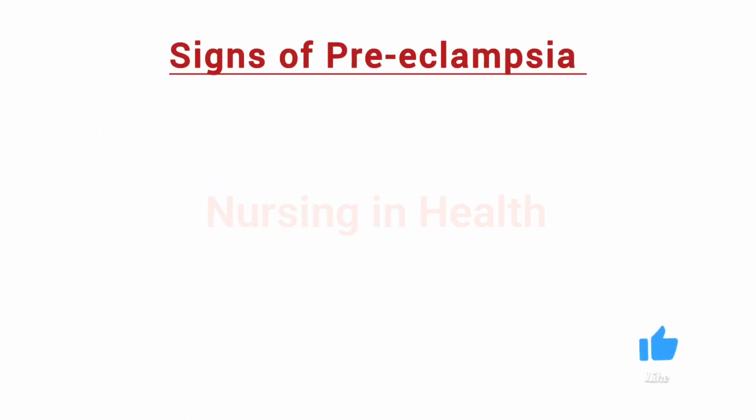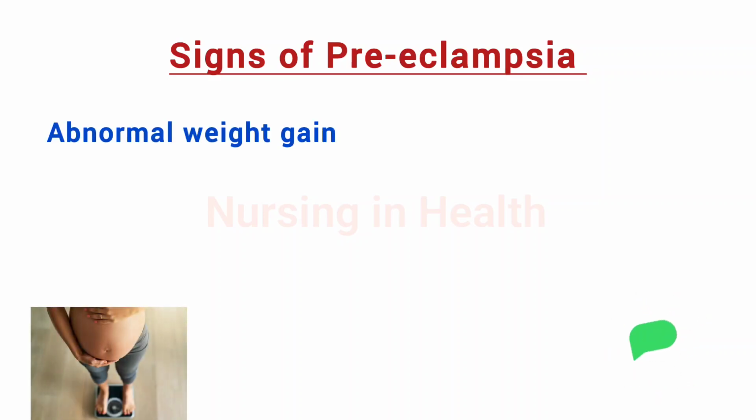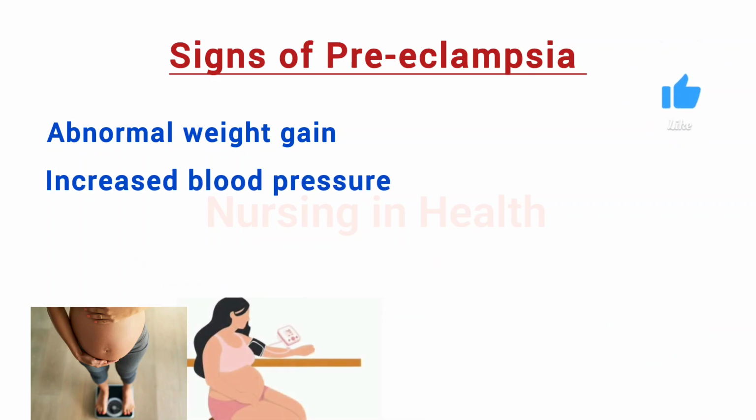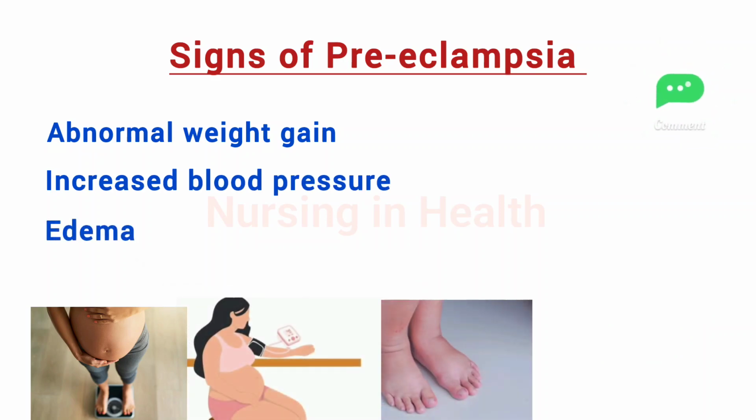Signs of preeclampsia: abnormal weight gain, more than 4 pounds in a week in later months of pregnancy, increased blood pressure more than 140 by 90 mmHg, edema. At first, slight swelling occurs over the ankle, and tightness of the ring on the finger.